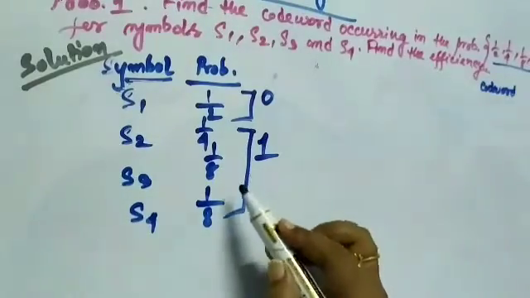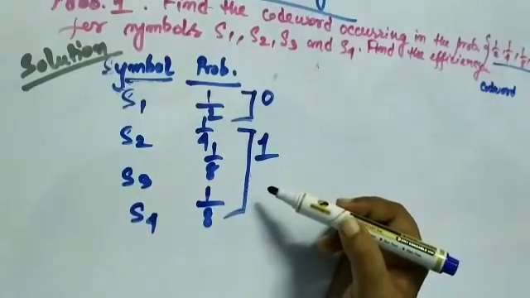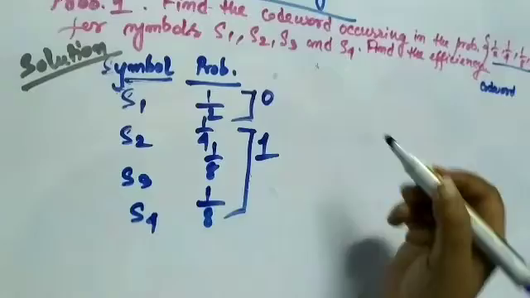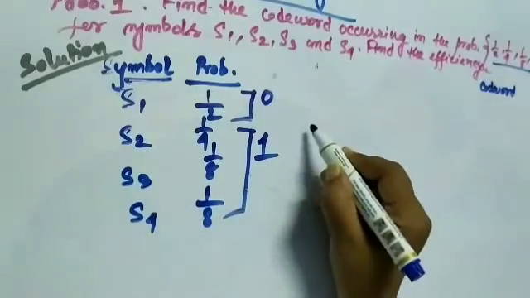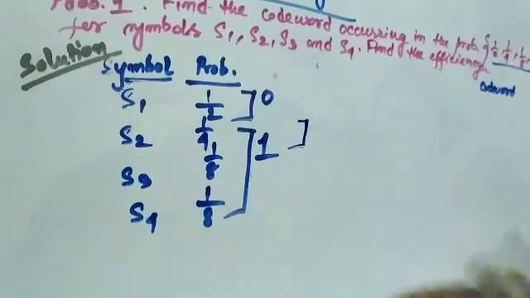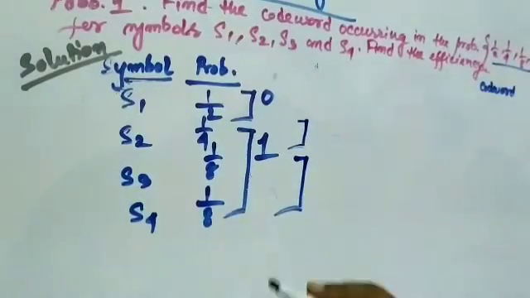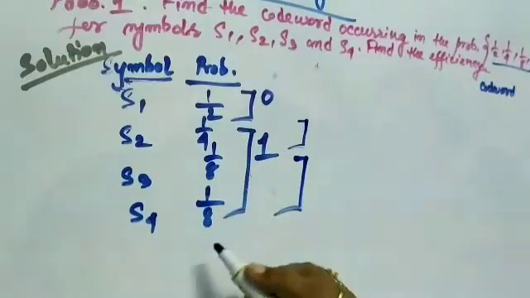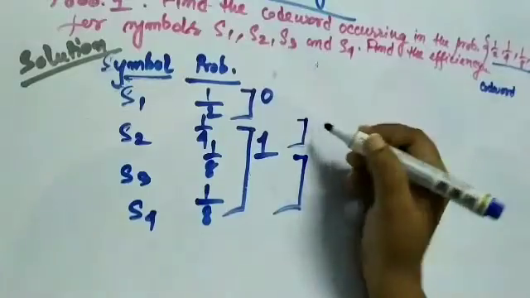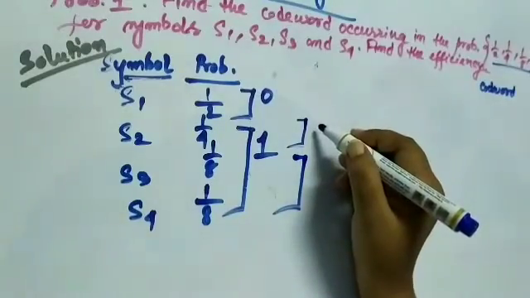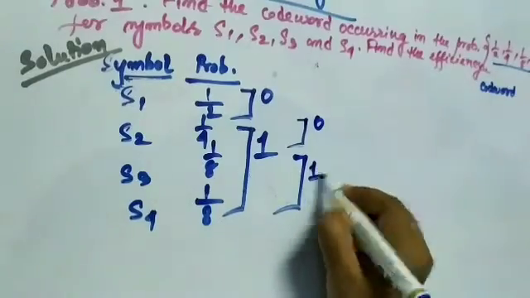So again we have to divide this set into two equiprobable subsets. That means it is also written as 1/4 in one set and 1/8 plus 1/8, which is 1/4 also, and this is also denoted 0 and 1.